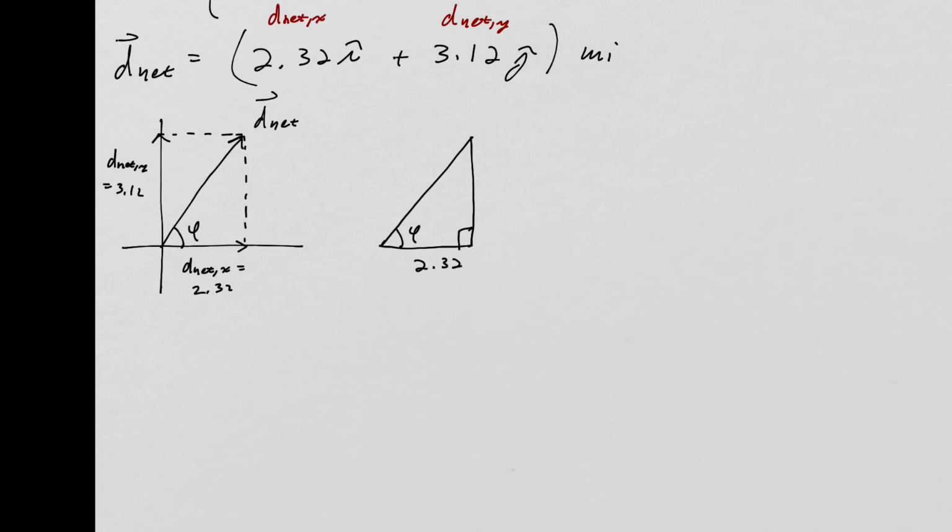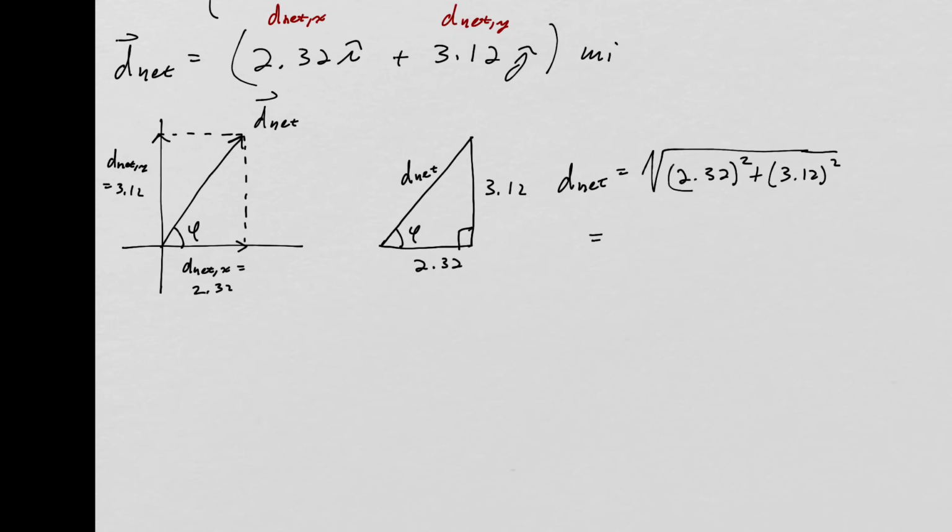I know this length is 3.12. I'm looking for the magnitude of D net. So how do I find that? Well, it's a right triangle. I know two sides of a right triangle. I can use Pythagorean theorem. So D net, the magnitude, must be the square root of 2.32 squared plus 3.12 squared.